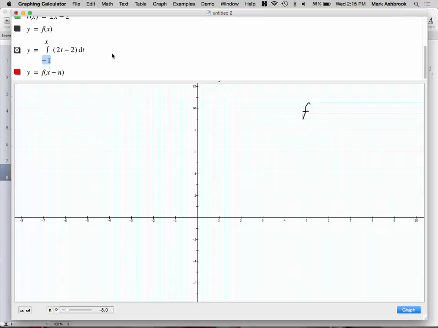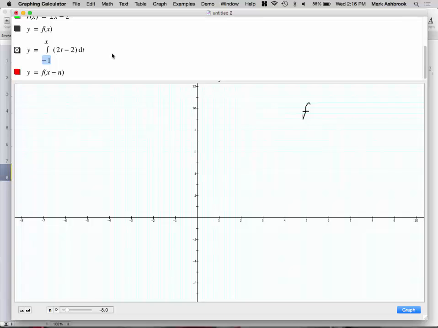Okay, so let's just focus on the -1. What does it mean that the lower limit of integration is -1, the integral from -1 to x? What is that -1 going to result in on the graph? The graph starts at -1. What do you mean? No values to the left of -1.